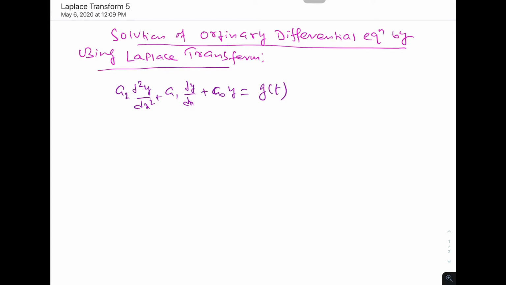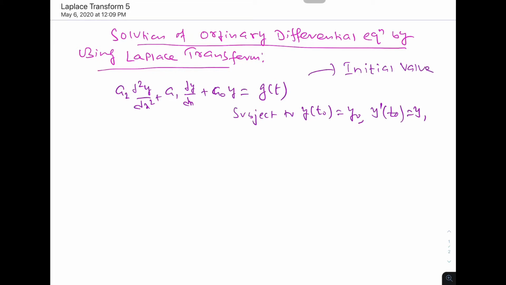And here you are given conditions also, subject to y at some point t0 is y0 and y dash at some point t0 is y1. So these are the conditions also given, so that's called the initial value problem.